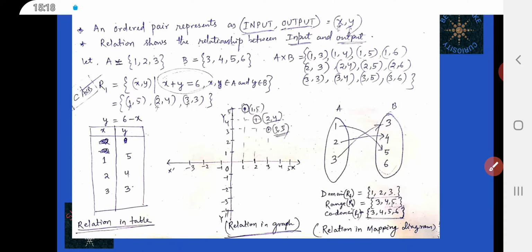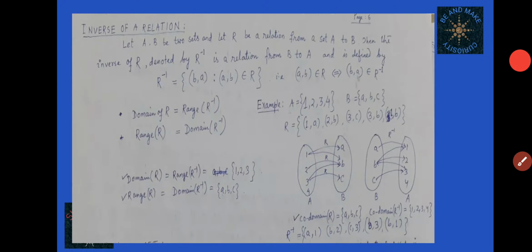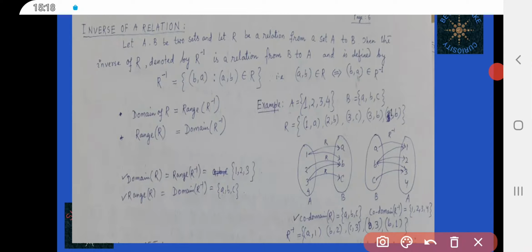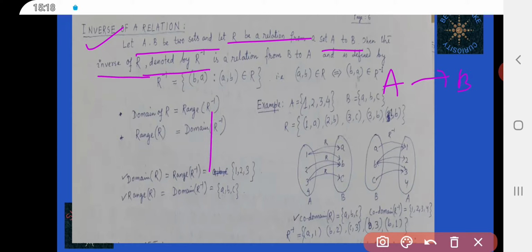Next, inverse of a relation. Let A and B be two sets. Let R be a relation from set A to B. Then the inverse of R is denoted by R inverse.